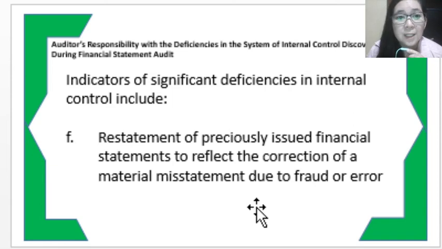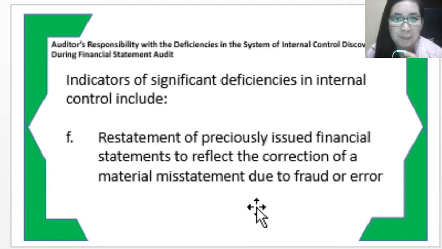Another is restatement of the previously issued FS to reflect the correction of a material misstatement due to fraud or error. So meaning in the previous audit, it was identified that there exists misstatement due to fraud or error. Their internal control is not strong enough to detect such, and the auditor is the one who detected such misstatement.